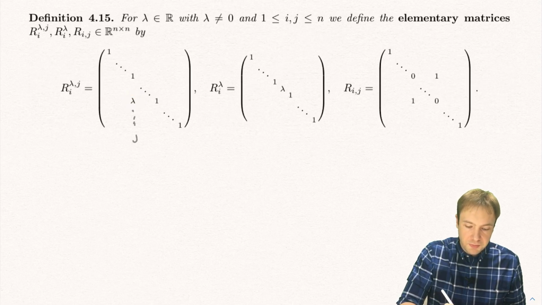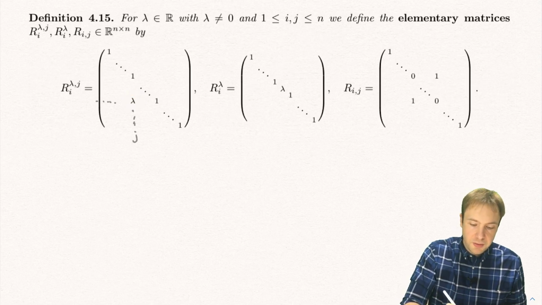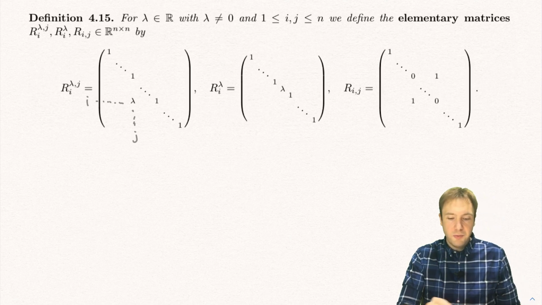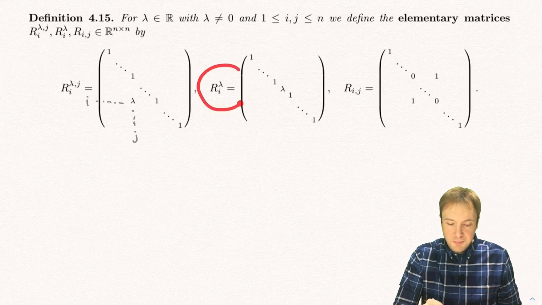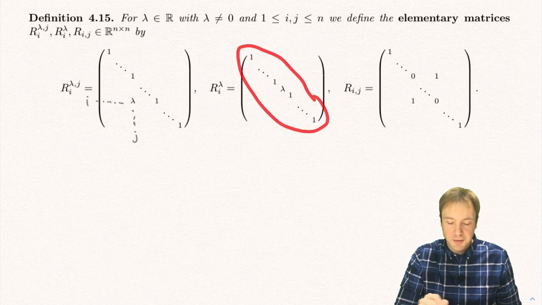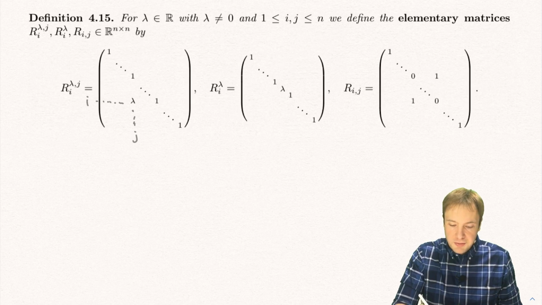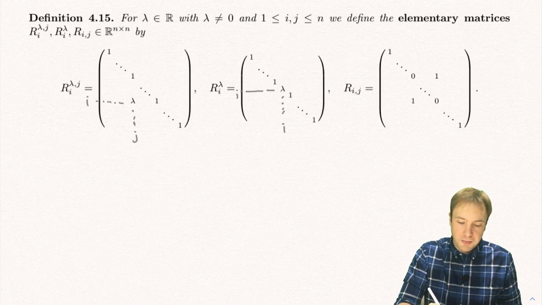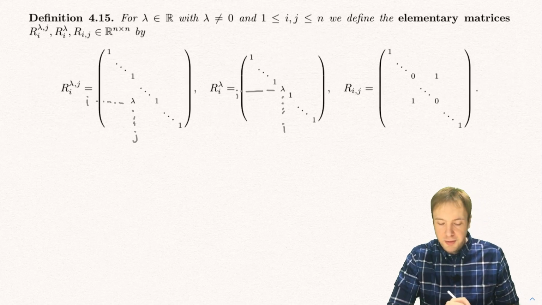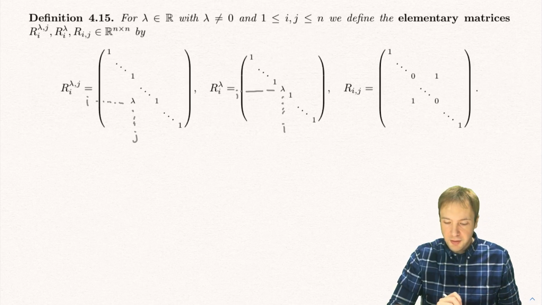In the jth column and in the ith row we have this number lambda. Then the second matrix, R lambda i, is basically just the identity matrix, but here on the diagonal at row i and column i we put a lambda.